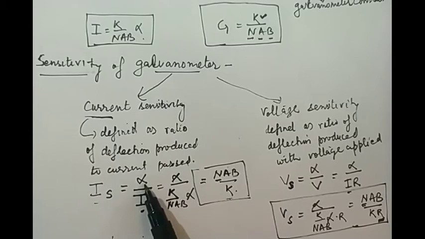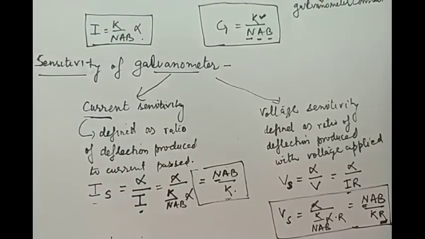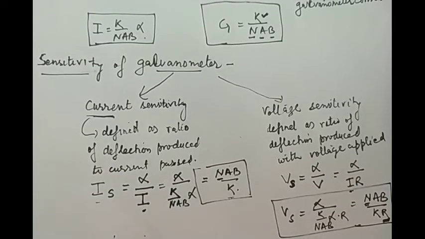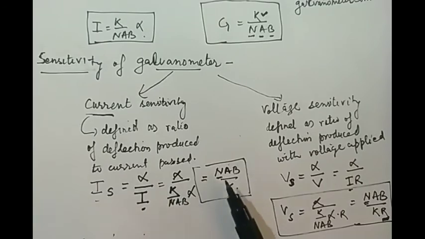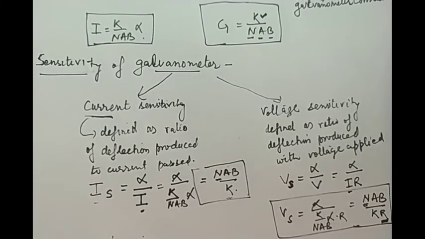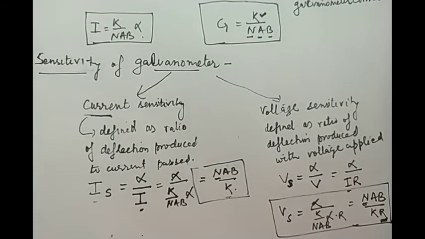If you put the value of current from the above equation, we get k alpha divided by N A B, alpha gets cancelled out, and we are left with capital N A B divided by k. So the current sensitivity depends upon the number of turns, area of the loop and magnetic field, and inversely depends upon the constant k, which is a property of the spring.